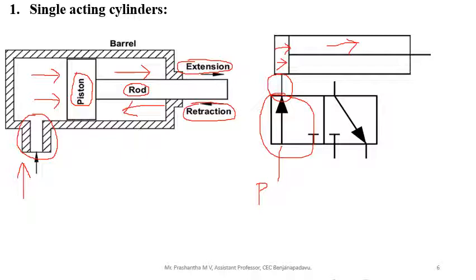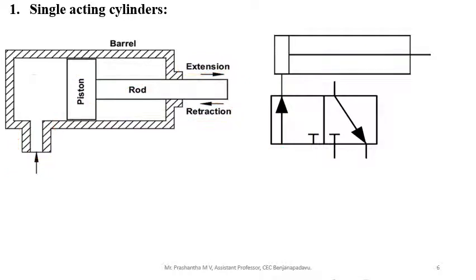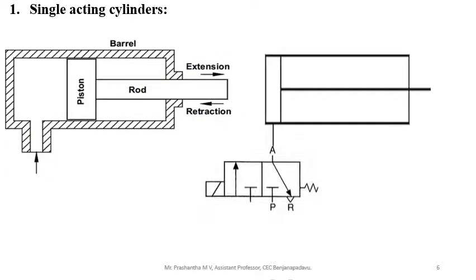For retraction, whatever fluid is accumulated in the cylinder space travels outside, so the valve connects like this, towards R, meaning reservoir. This way the single acting actuator will work.